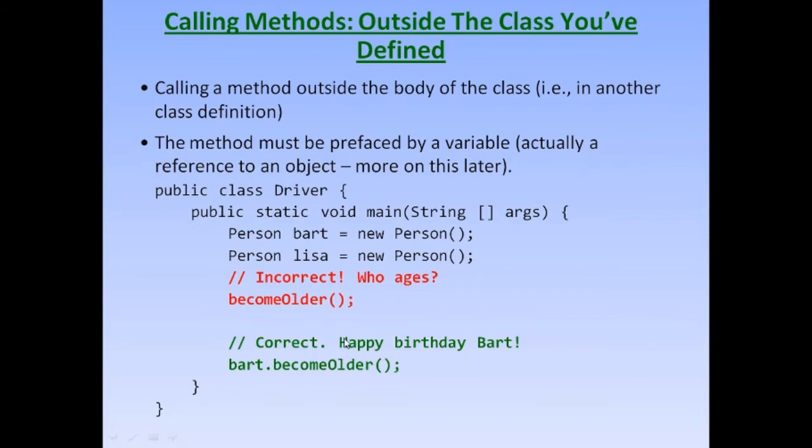In that case, we have to provide the name of the object and the method of that object, as in Bart.becomeOlder. This method call is made inside the declaration of the class Driver, and another object, Bart, is used to fire the method of that object.